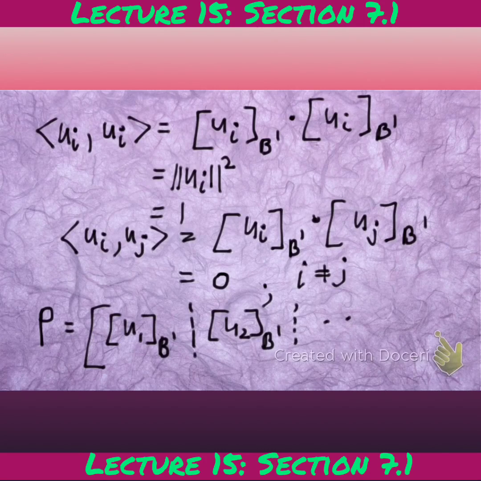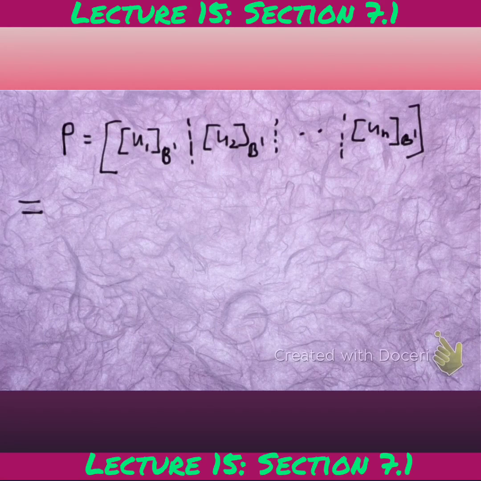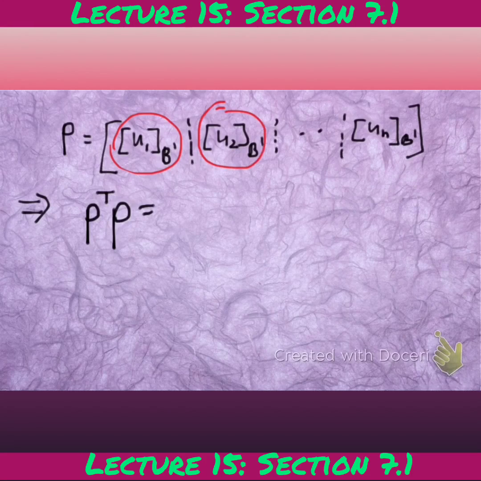Okay, so that's going to imply that that's a transition matrix. If you look at the transition matrix and its transpose, and you multiply it with itself, then the first row of the transpose of P is going to be this column vector, and again the second row is going to be this column vector, and so on and so forth.